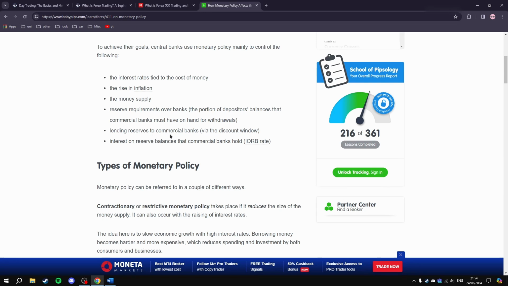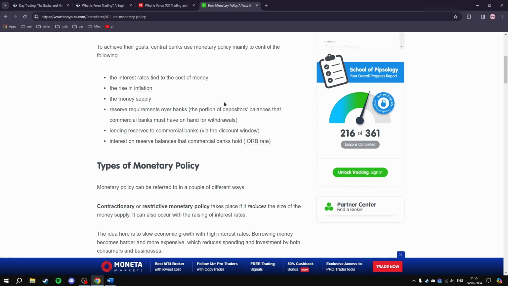Lending reserves to commercial banks. So the amount of money that central banks keep with them to be able to lend to commercial banks.